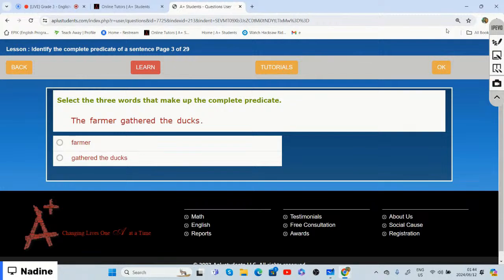All right, it says the farmer gathered the ducks. If you were to identify the predicate, first identify the verb, and then all the other words that come after the verb. Then you know that all of those words are our predicate.